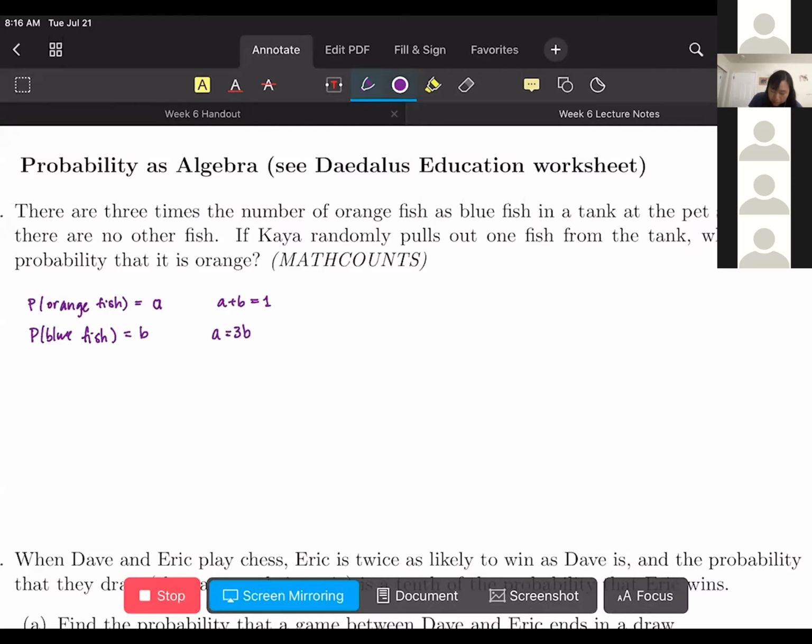Cool. So I'm just going to use A instead of O just because O looks a bit like 0. But basically what you said is we can get these two equations, A plus B equals 1, and A equals 3B, right? Yeah. And then we want to solve for A. There's 3 times the number of orange fish as blue fish.